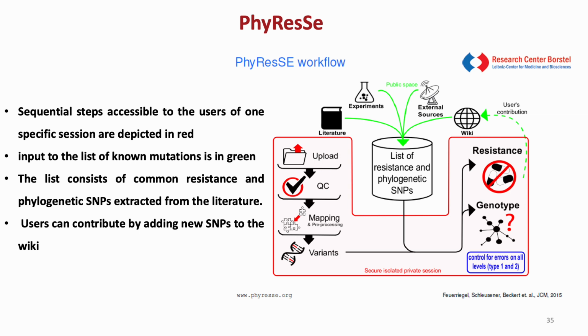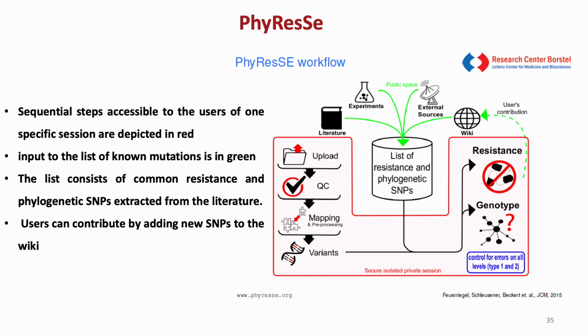As you can see here, we have sequential steps in FIRES accessible to the users of one specific session, shown in red. Input to the list of known mutations is shown in green.